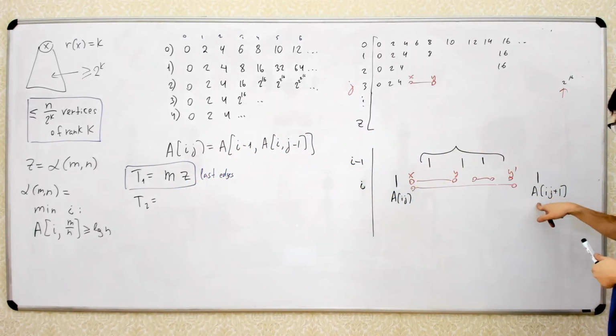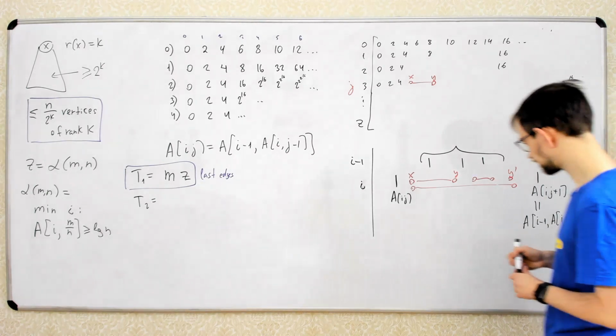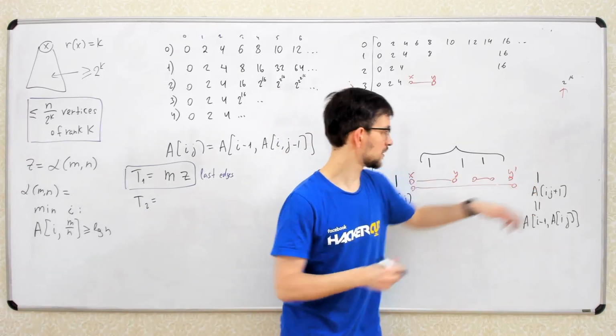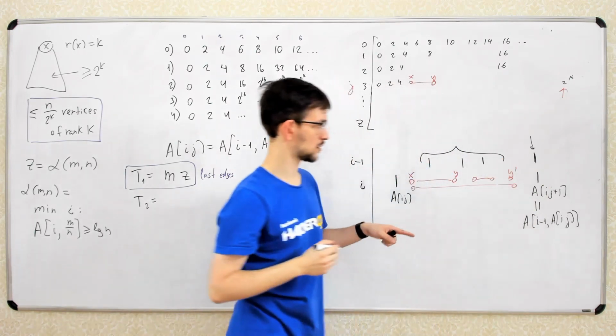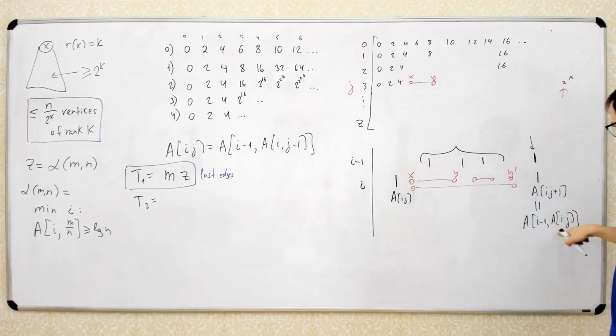If you look at this sequence, this element is actually I minus 1, Aij. So if you look at this element, its index in the previous sequence is Aij.